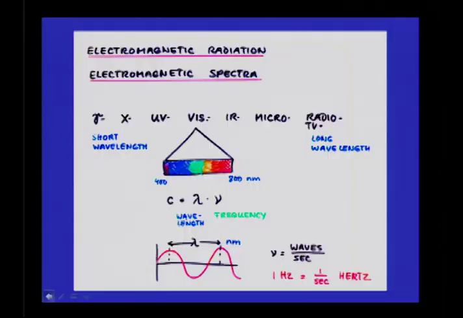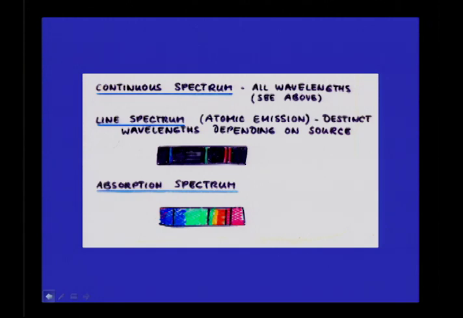Here we see it a little larger. Again, the rainbow is a continuous spectrum, a continuous emission spectrum, like the sun or an incandescent light bulb produces. And here we have the emission spectra and the inverse of that, the so-called absorption spectrum.